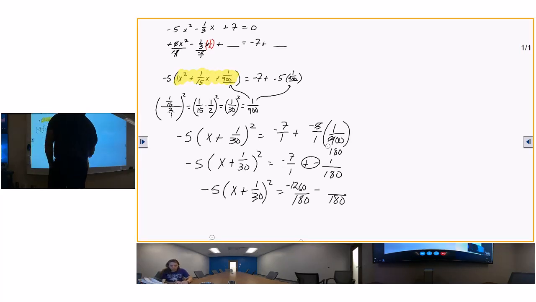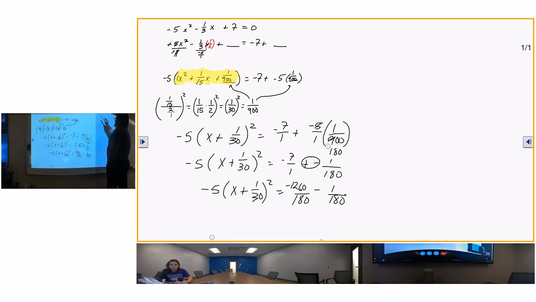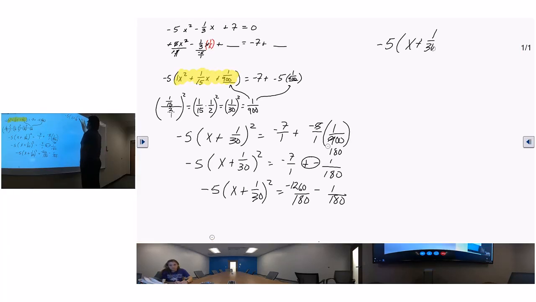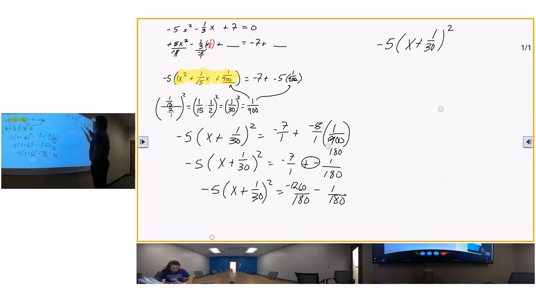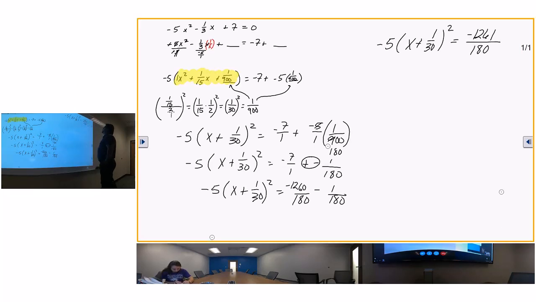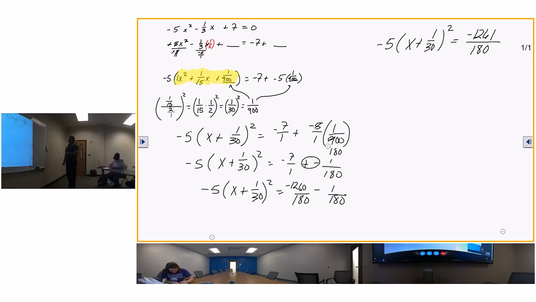And then this is 1. So that's going to be -5 times x plus 1 over 30, quantity squared, is equal to -1261 over 180. And now you're ready to write your vertex in your standard form down.